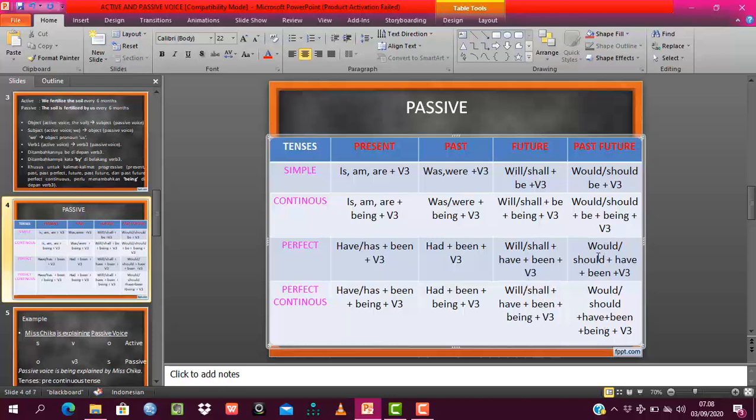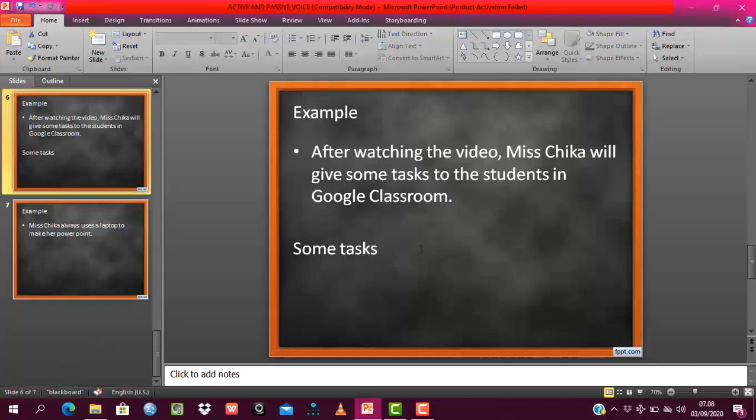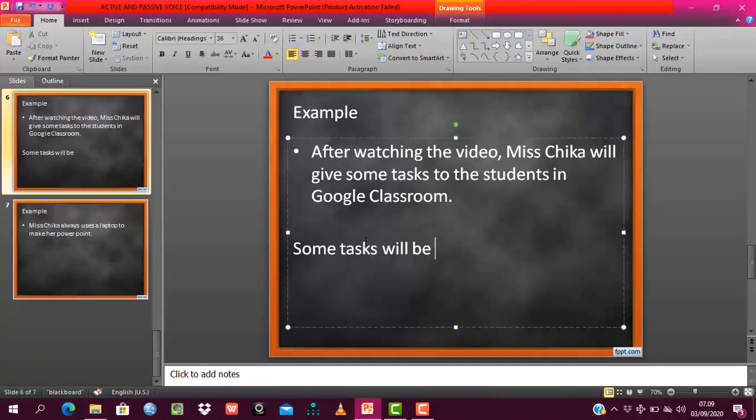Will is for the future. Which tense? Present future tense. From will, the rules for the passive are will or shall plus be plus verb 3. Some tasks will plus be plus verb 3. What is the verb? The verb is give, and the forms are give, gave, given.